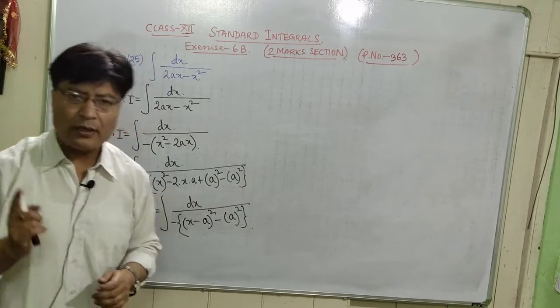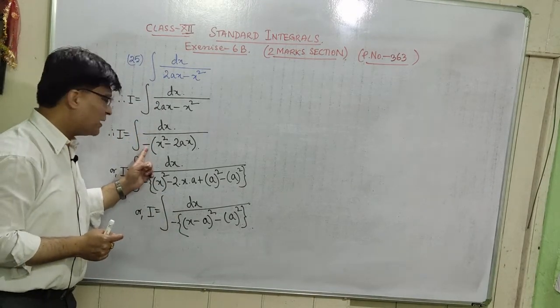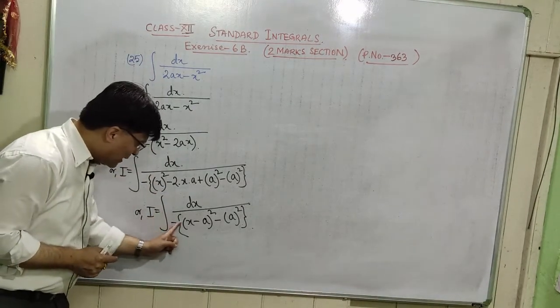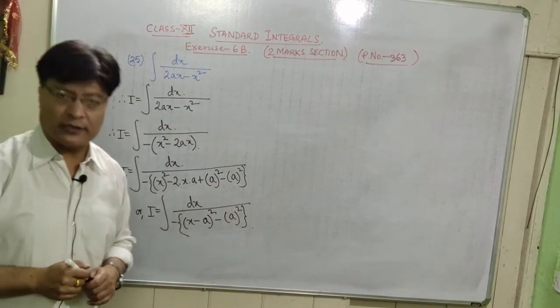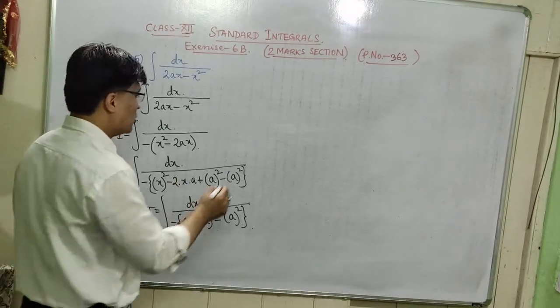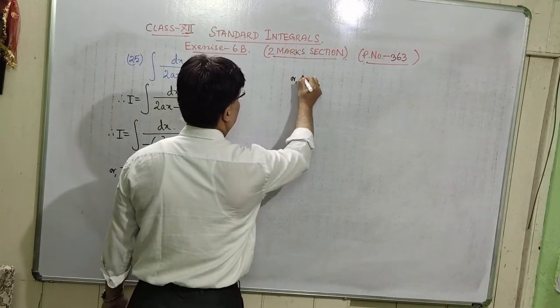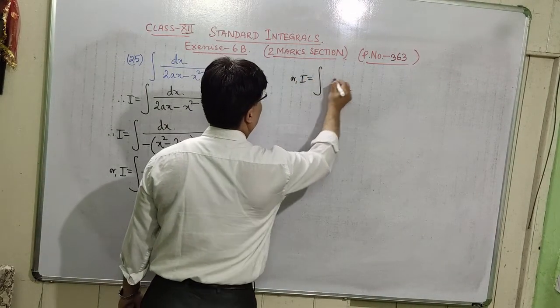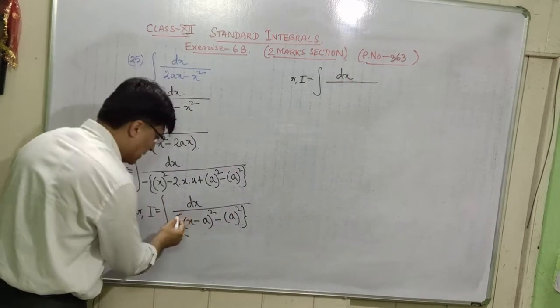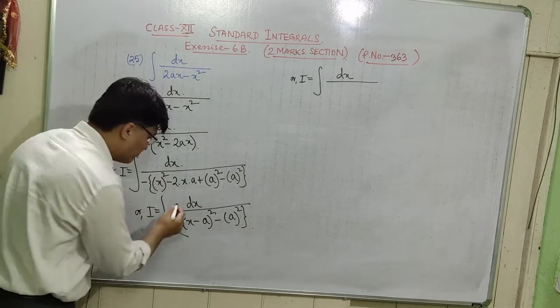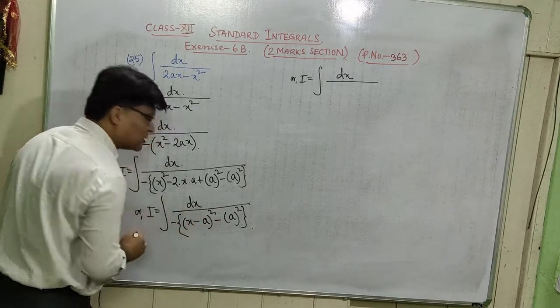Okay. Now since we have taken here minus common, again multiply this expression by minus sign and write down the positive term first. Okay. So, or this is I is equal to integration of dx divided by, let us multiply it by minus sign, and so it is minus into minus is plus.